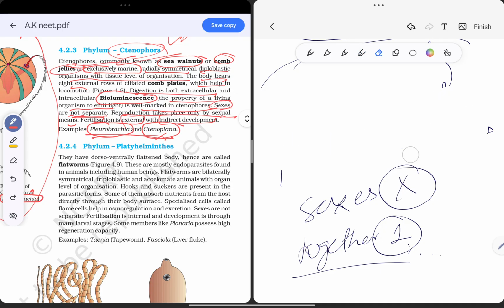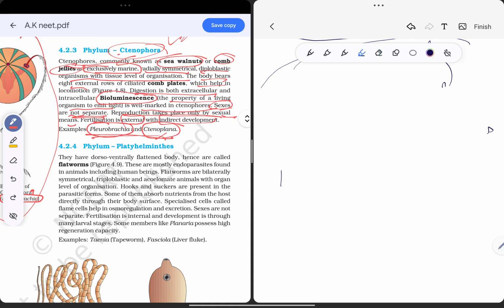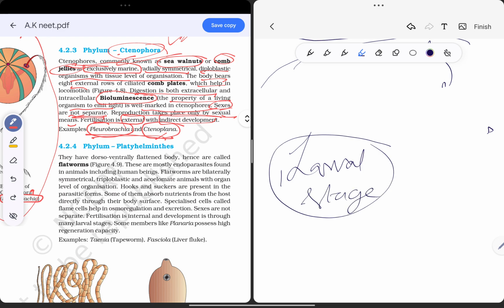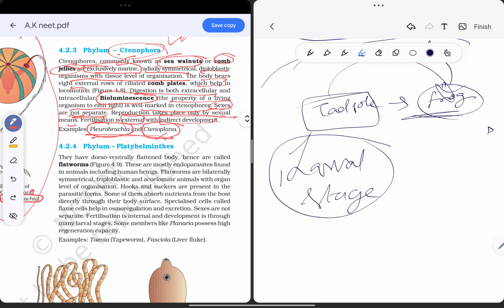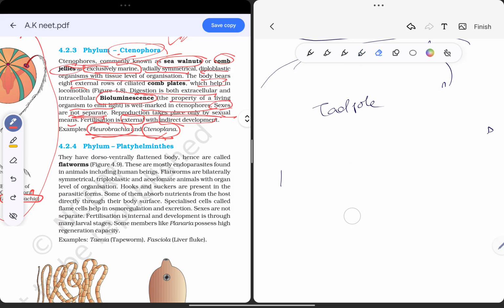Just now I told you indirect development means it should definitely have some larval stage. Tadpole is a larval stage of frog. So if any species has this kind of larval stage before developing into an adult, that is called indirect development.